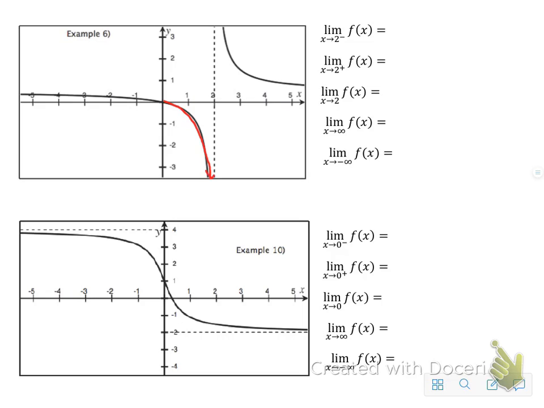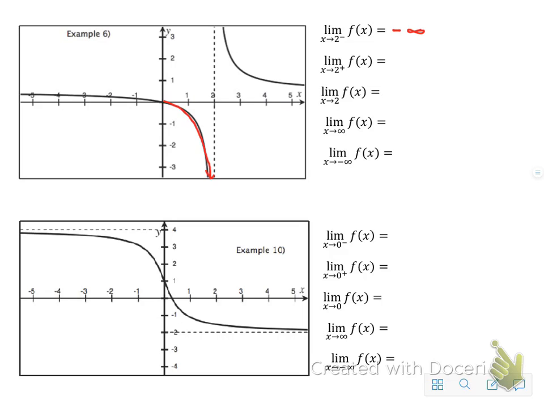That's going to go down forever. Now we know from our knowledge of rational functions that it's never ever going to touch that value, okay? And really, it doesn't matter. We're talking about the y value. So it's going to go down forever and ever and ever. That means that the limit is negative infinity.